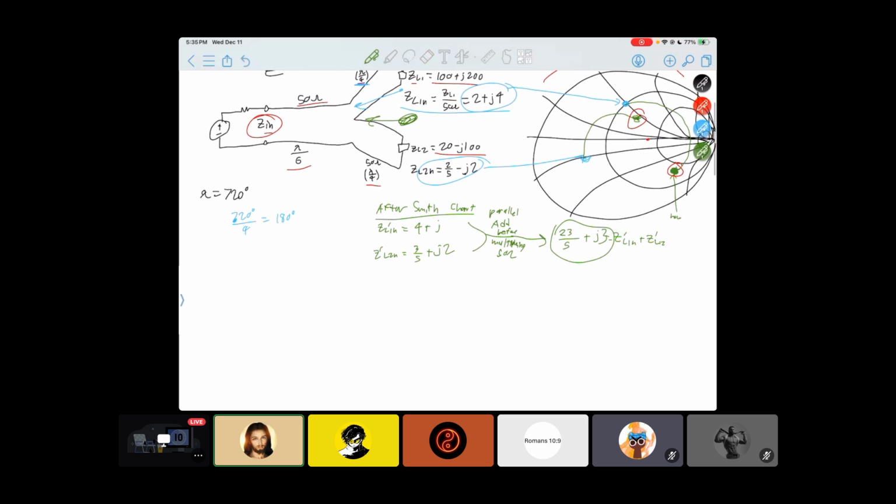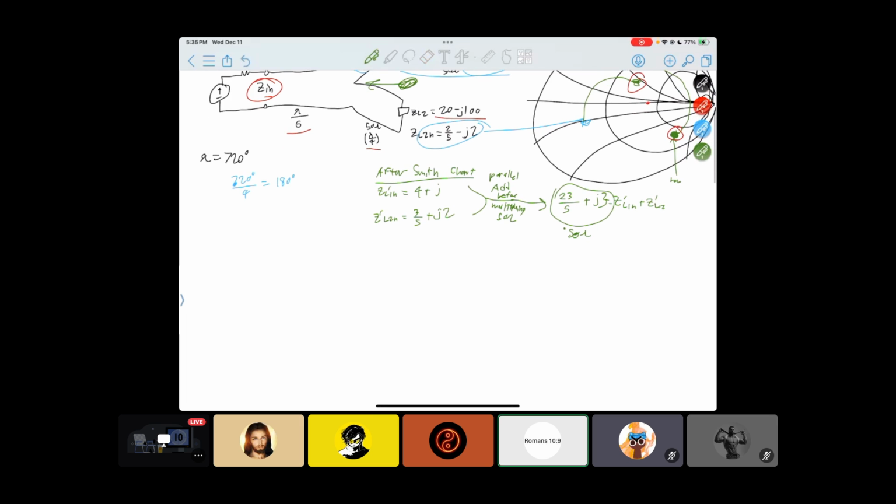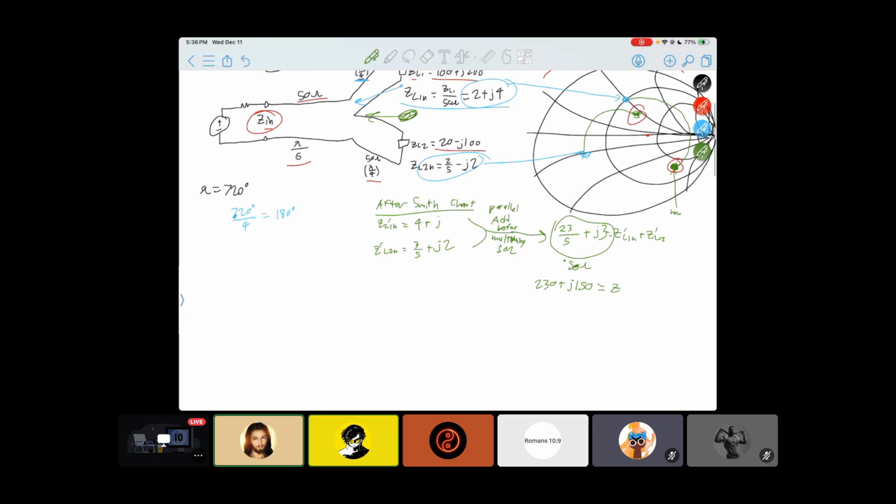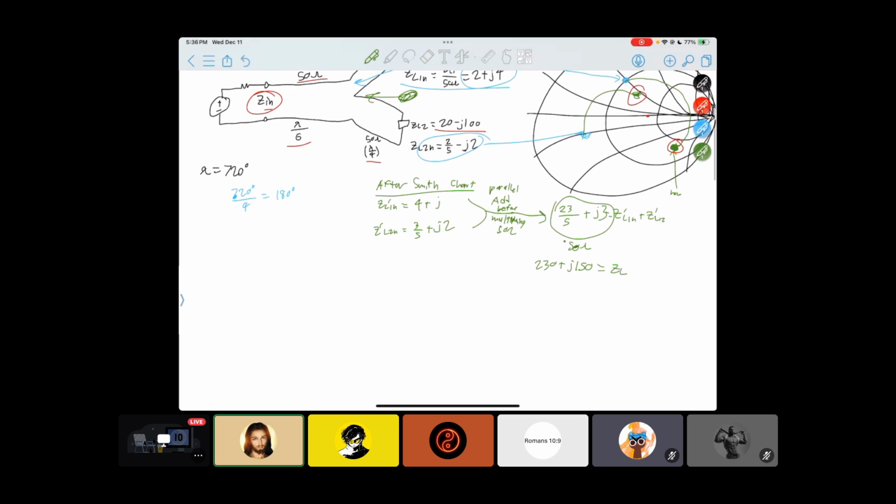So we have to multiply by 50 ohms, and the answer would be 230 plus j150. I'm going to call this just ZL at this point. This is the ZL load.